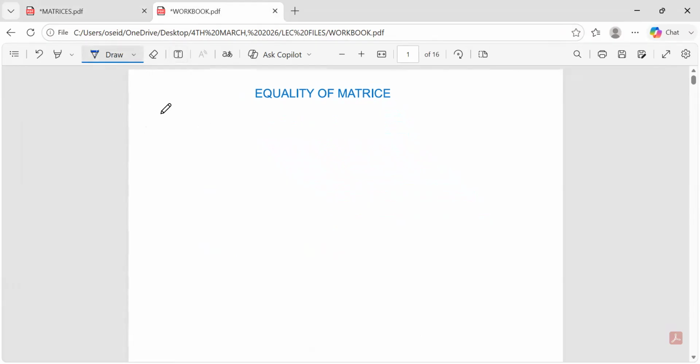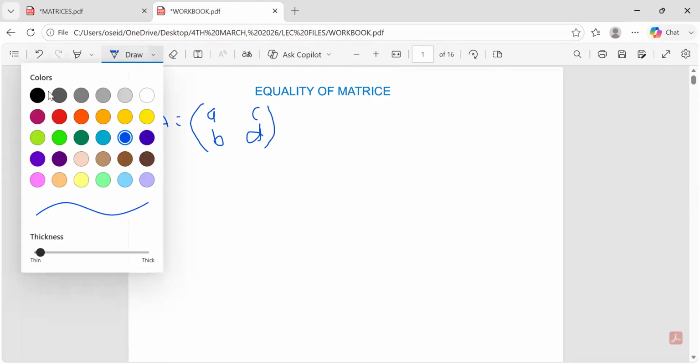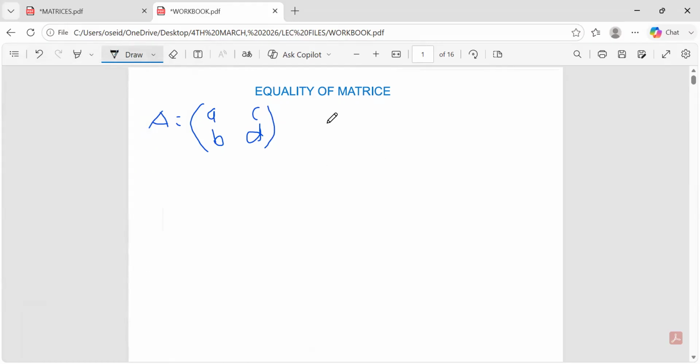So let's say that we have matrix A. Matrix A equals A, B, C, and D. And then we have matrix B, which equals X, Y, V, and Z, giving us matrix B.